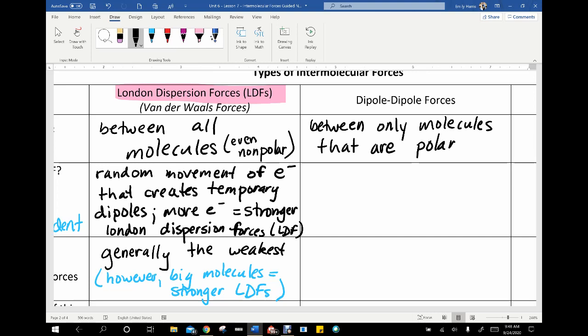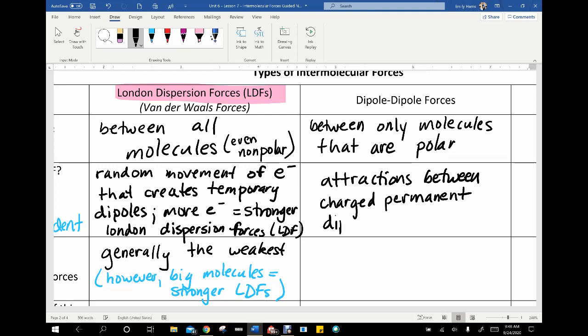All right. And so what happens to create dipole-dipole forces is you have attractions between the charged dipoles of molecules. And I'm going to insert the word permanent here just to contrast with the temporary dipoles from London dispersion forces.